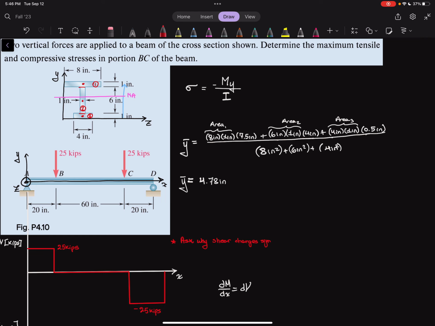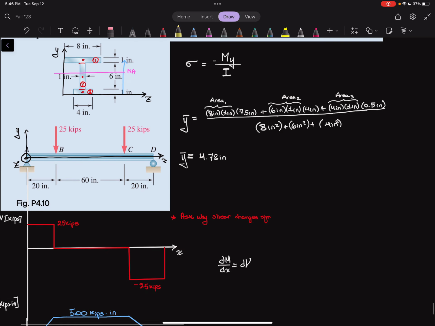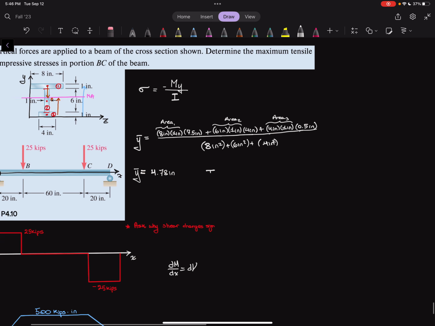Now we want to find the moments of inertia, and the moments of inertia are going to be about this axis. So I'll have to shift this one by this amount, this one by this amount, this one by this tiny amount, and this one by this amount. That's where you can make a lot of mistakes, so let's just be careful here, and let's just do I1.